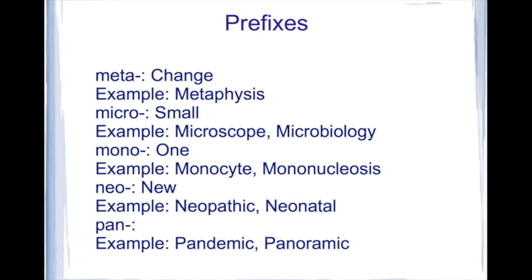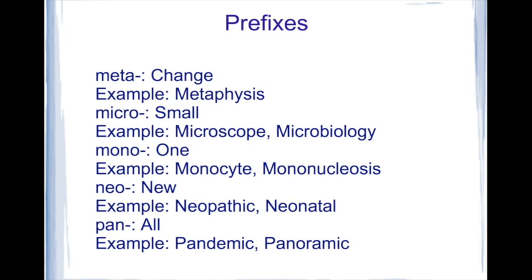I think I should be able to see all of it. Pandemics involve all people. Now, that doesn't mean that every single person on the planet is going to get the disease. It just means a really large number of people are going to get it. When all the continents were together as one, it was called Pangea. Pan. Okay.